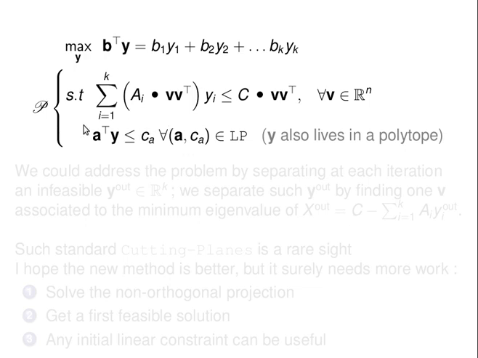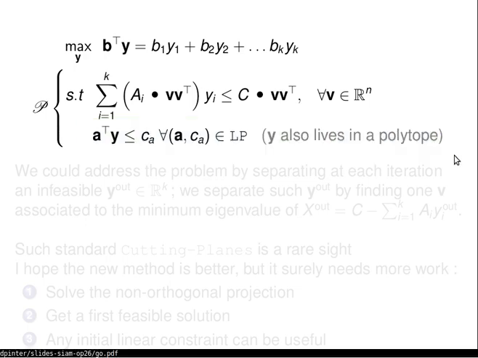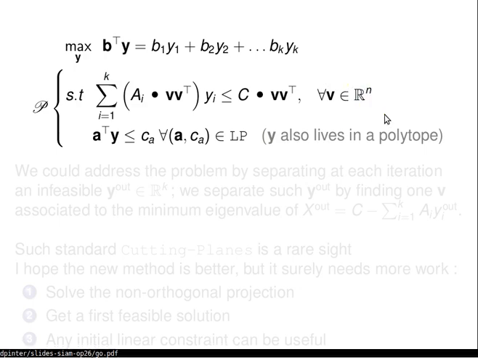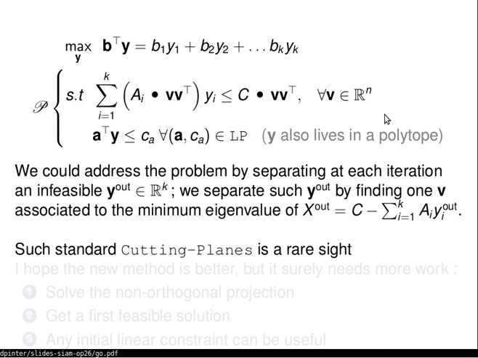I have a number of linear constraints here, it's a polytope, but I have an infinite number of eigenvector cuts. But if I reduce R^n to some finite subset, I obtain a polytope. We could address the problem by separating at each iteration some infeasible solution by finding the minimum eigenvalue of this matrix.